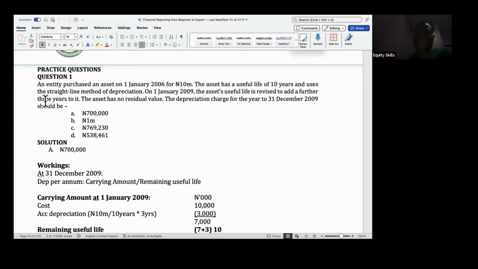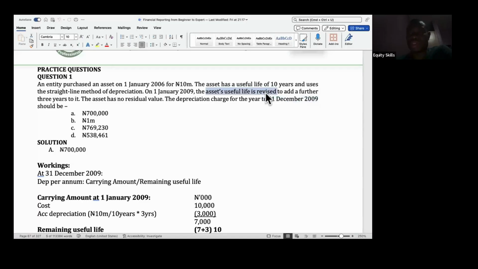Now, what this question wants us to do is to calculate the depreciation charge for the year 2009. Why they are asking you to calculate for 2009 is basically because the useful life of the asset changed in 2009.